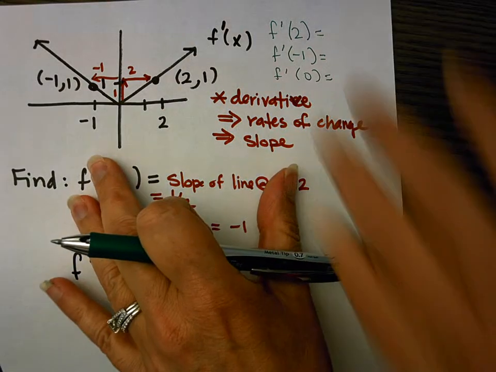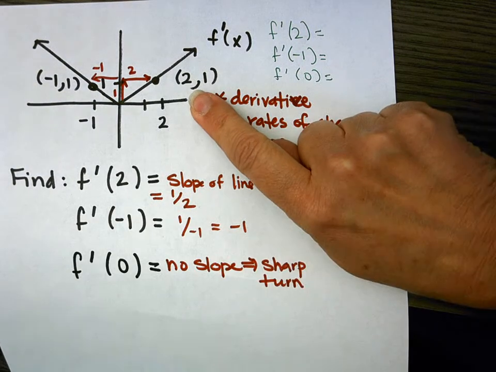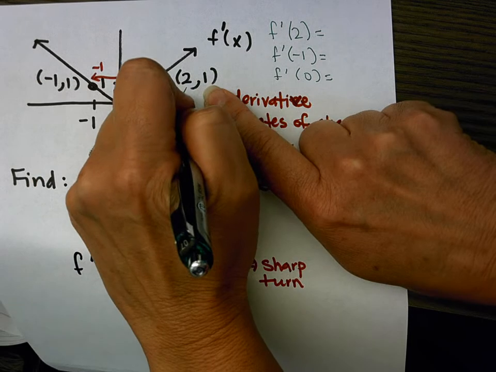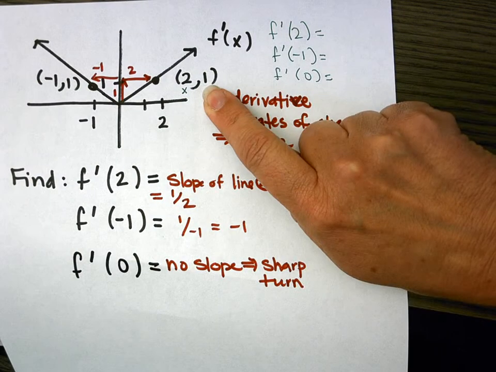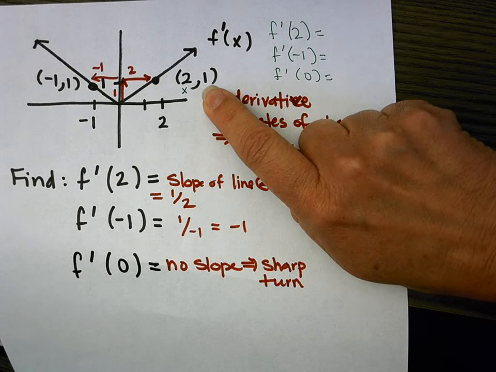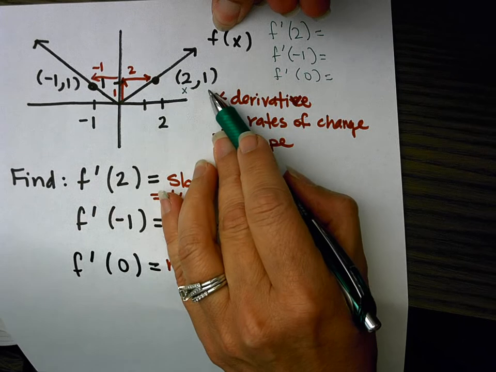So what I have to remember is that this is a picture of f prime. When I look at this coordinate here, this is my x value, right? So when x is equal to 2, what is this right here? Normally we would just say y, right? That's x, that's y, but let's use the notation that we would normally use. If this was just a regular f of x, this would be x, that would be f of x.